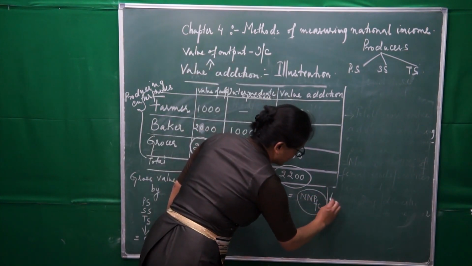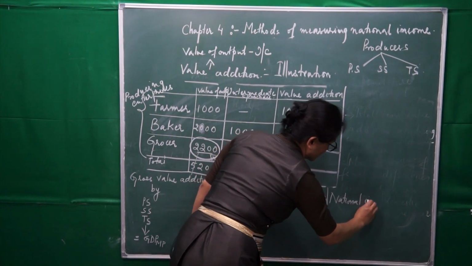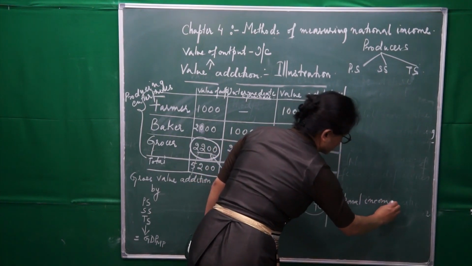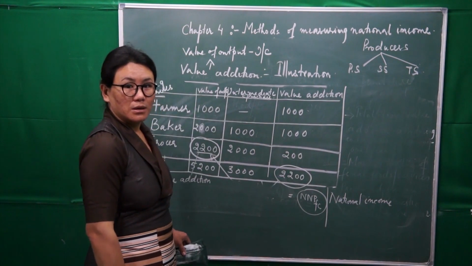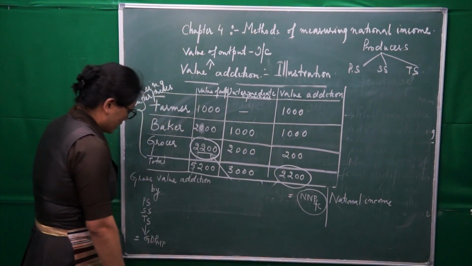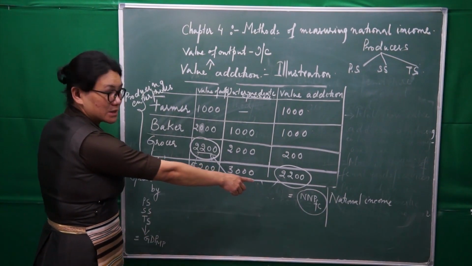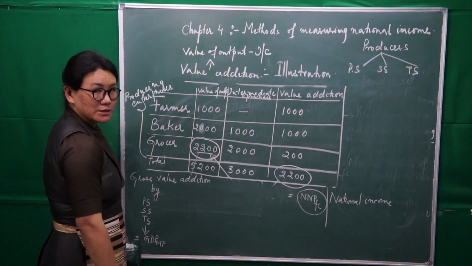This is nothing but national income. So now what we have to do? This entire thing, we have to convert it into NNP at factor cost.